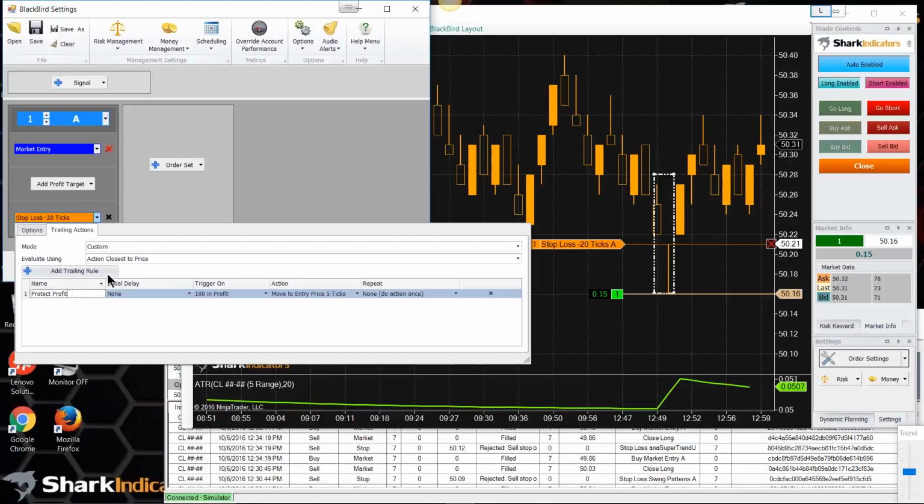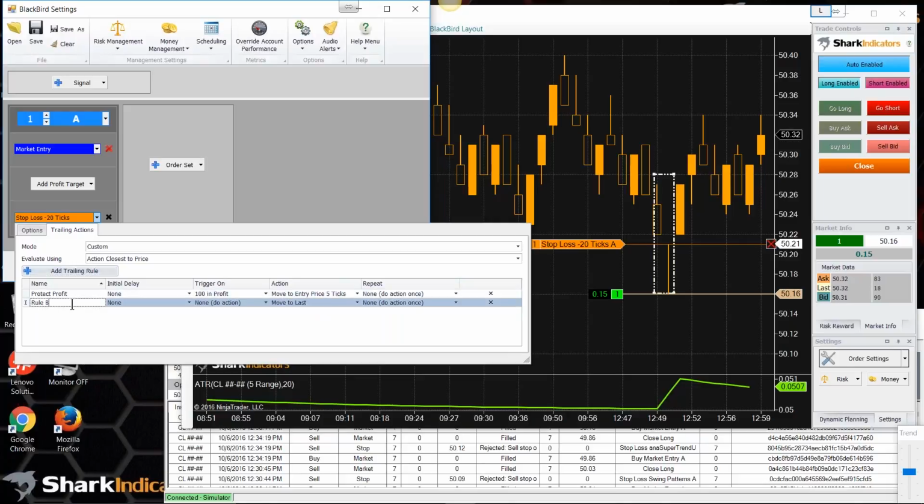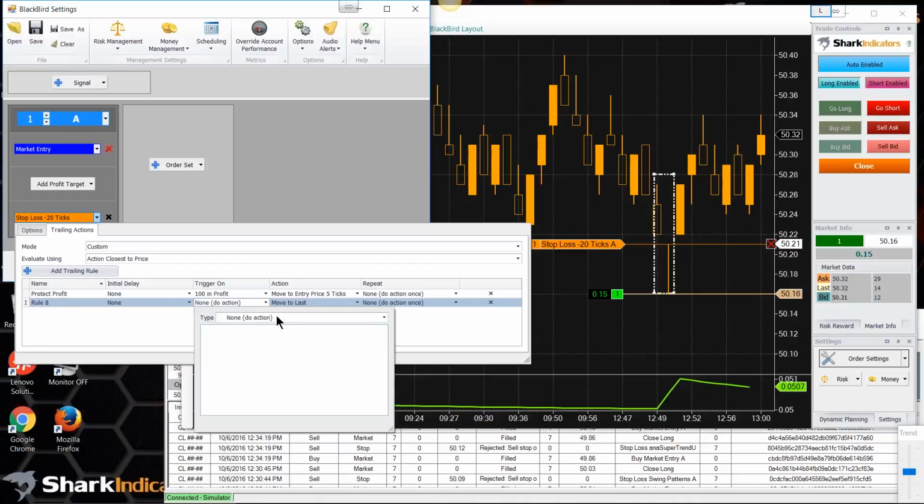And then we want to, rule B. Then we want to turn this into a trailing. So let's just kind of set this up the same here.